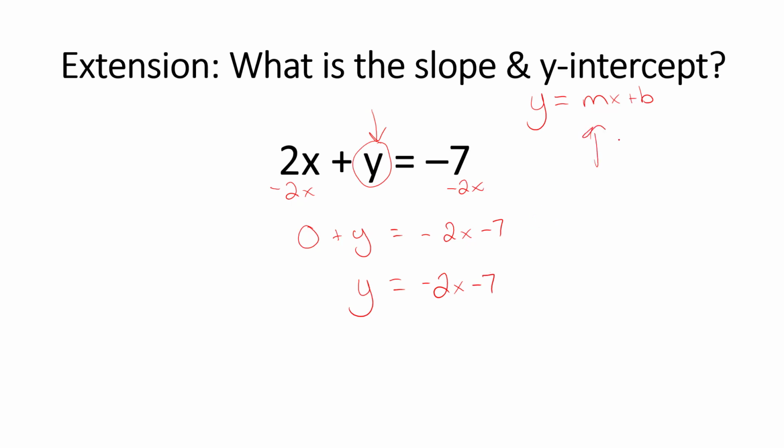Now I look like slope-intercept form. So my m value is the value in front of x when we are in slope-intercept form. My b value is the constant at the end. That is our y-intercept.